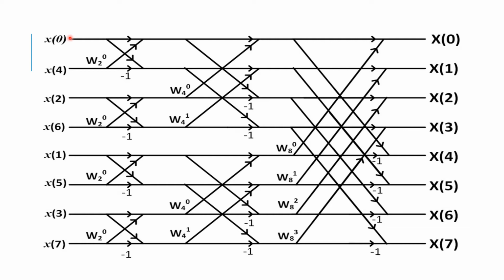So for DIT algorithm, we should remember the most important thing, the input sequence should be taken in bit reversed order, whereas the output will be obtained in the normal order or natural order, whatever it is. So first draw the diagram, turning your page to landscape mode, 8 very clear lines spacing about 1.5 centimeter or 2 centimeter, it depends on you.